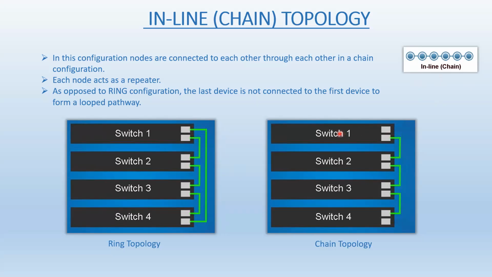Quite often, this topology is used within the control devices in the industrial setting, like different machines that are part of the production process. They would have control modules installed on them, serving each machine. Those would be just connected in the inline or chain topology.